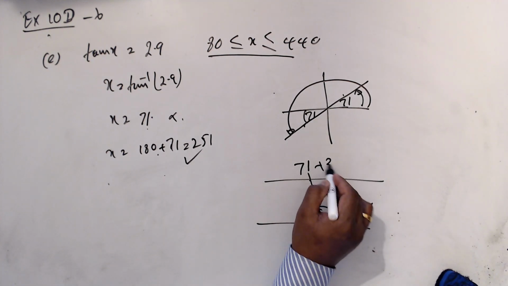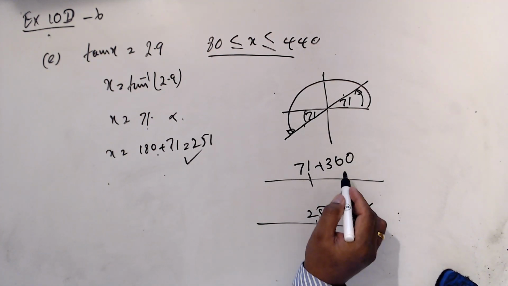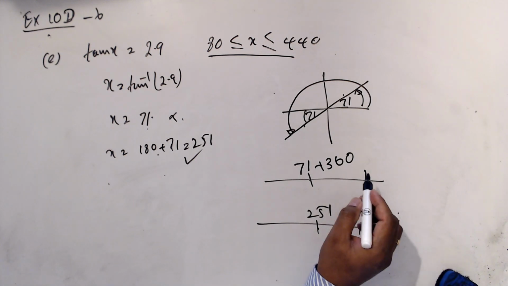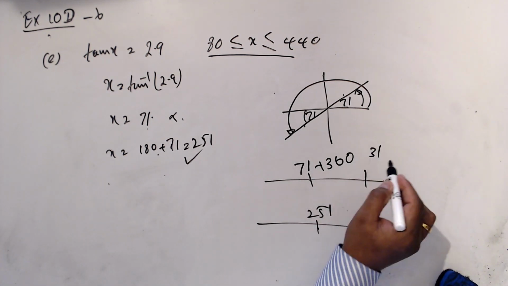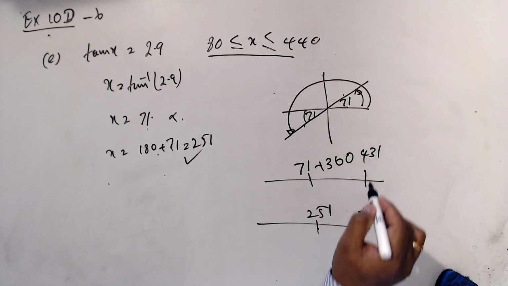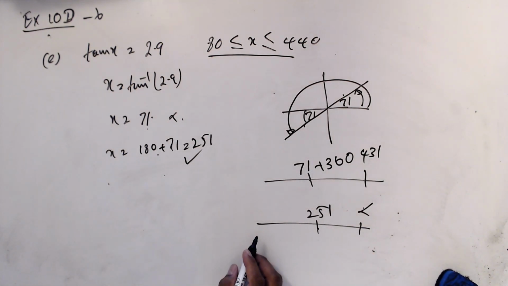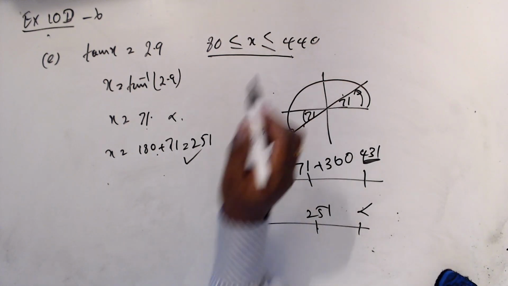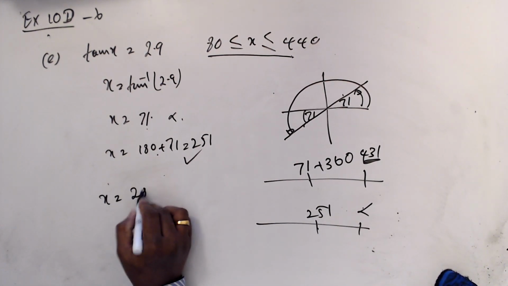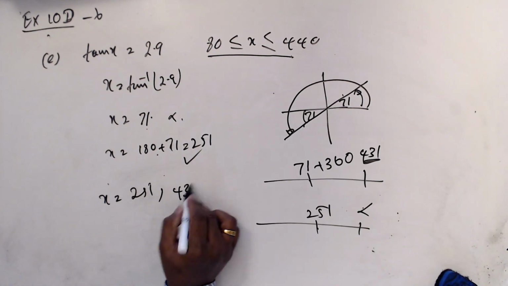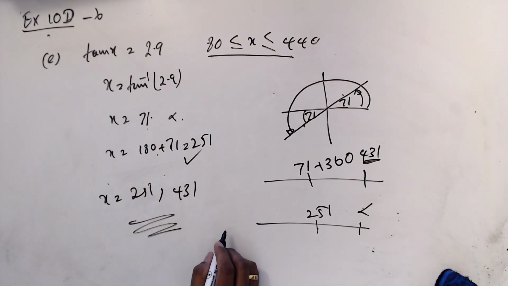We'll add 360 to this one and see: 71 plus 360, 431. Okay, 431 is within the range. There are two answers: x equal 251 and 431.